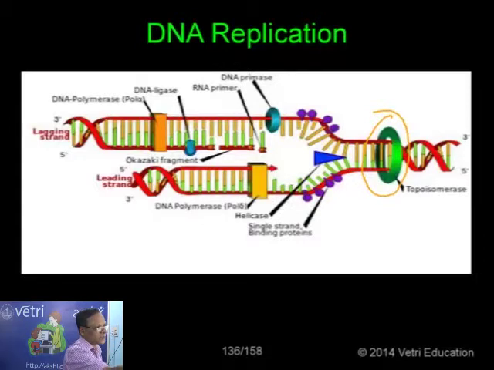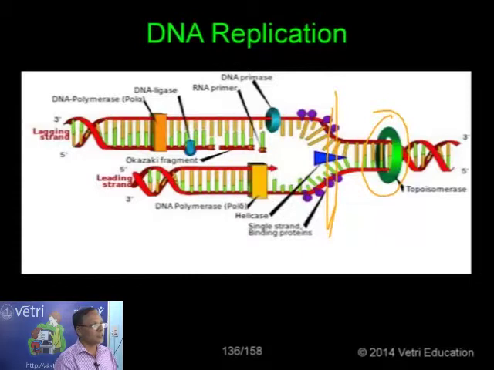The unwinding process happens because of the helicase enzyme. Now there is one enzyme normally ahead of this replication fork. Now this is the replication fork. So ahead of this replication fork, we have an enzyme called topoisomerase. It is responsible for relaxing the DNA double helix.